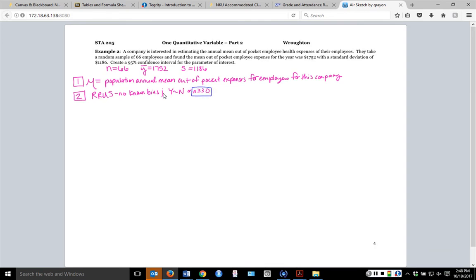I wasn't given a graph to look at. It doesn't say it's normal in the problem. So here my 66 is at least 30. So we're good there. And then finally, the population standard deviation is going to be unknown, which is true. But again, remember, we actually do have a standard deviation. It's just the sample one here instead.